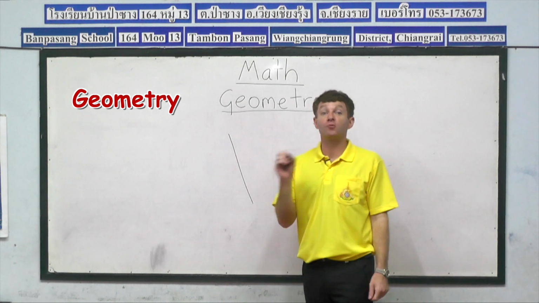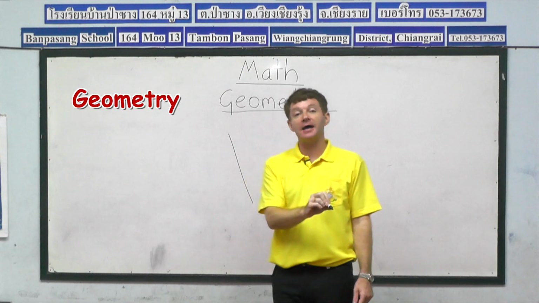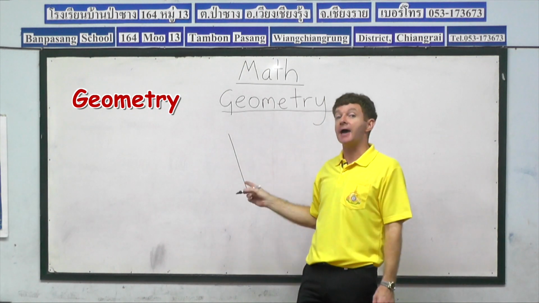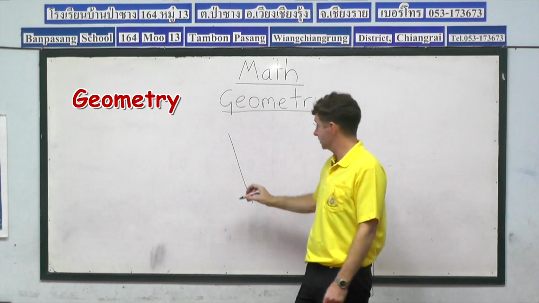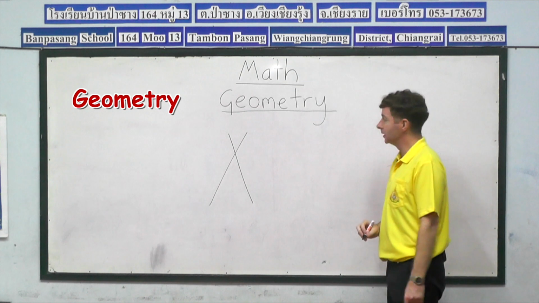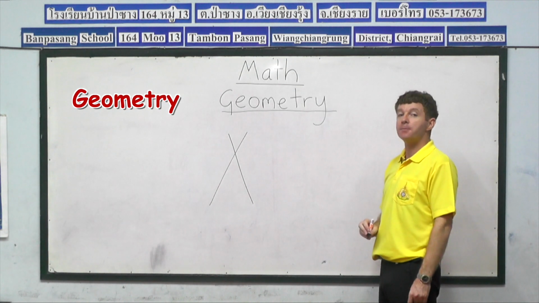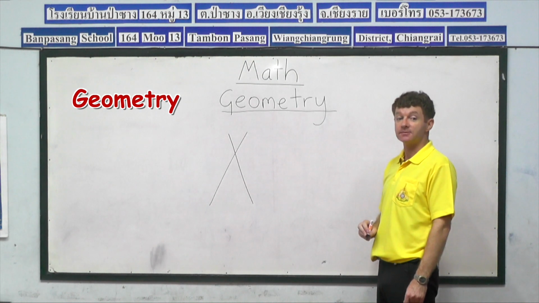But we need to draw another line. And the important factor is that the line must cross the line that we've already drawn. It can cross at any point. So for example, here.